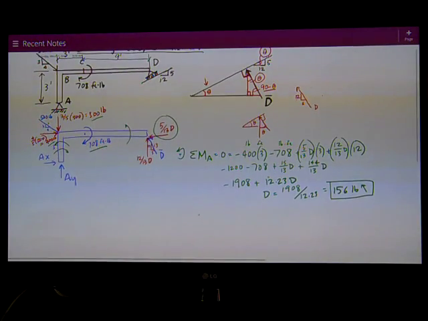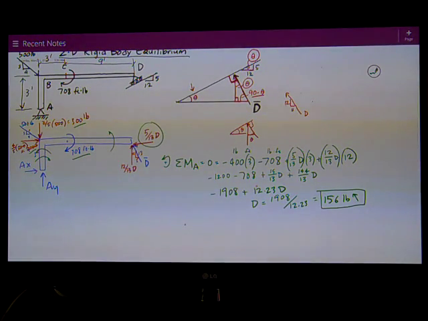Once I know that, the other two are pretty easy. Sum of the forces in the x direction equals 0. Positive is to the right. I have AX. I have the 400 pounds from the 500-pound force at B. And I have minus the x component of the force at D, which is 5/13 of 156.